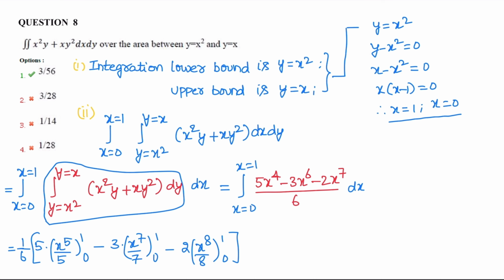On solving, its value is 1 by 6 into 9 by 28. So the final answer is 3 by 56.